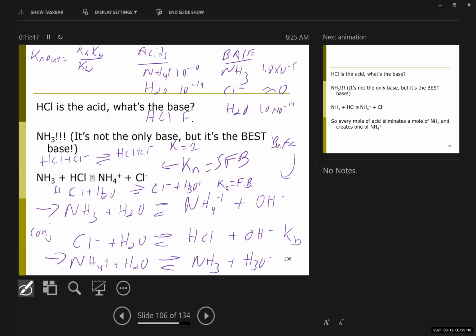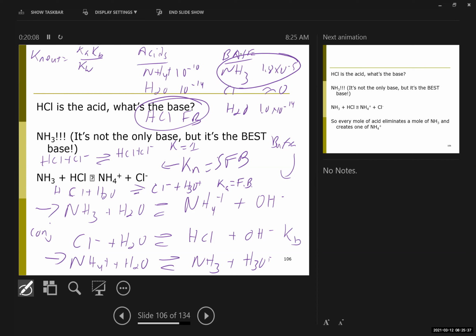This one's freaking big, right? So the best acid is HCl, and the best base by itself is ammonia, right? And so even without writing down all 9 reactions and ranking all the Ks, the ammonia plus HCl reaction has to go first, right?